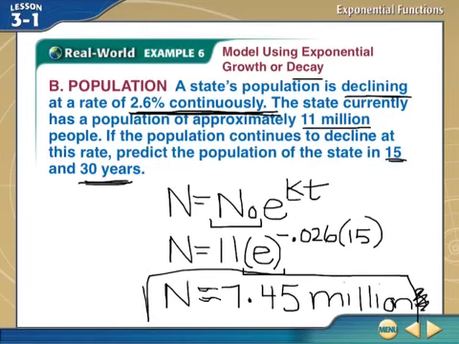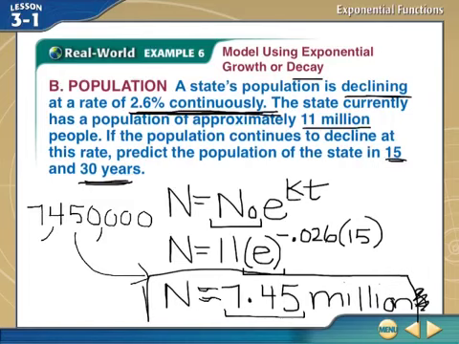If I wanted to write my answer out in millions, I would then take the 7.45 and multiply it by 1 million, and I would get 7,450,000. That's the equivalent of 7.45 million people.